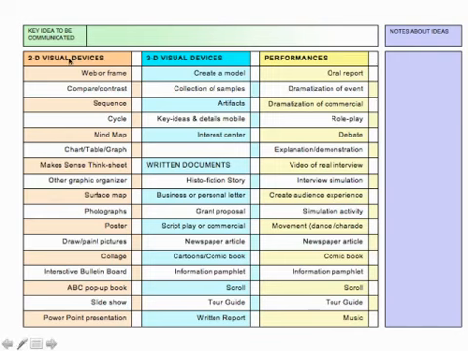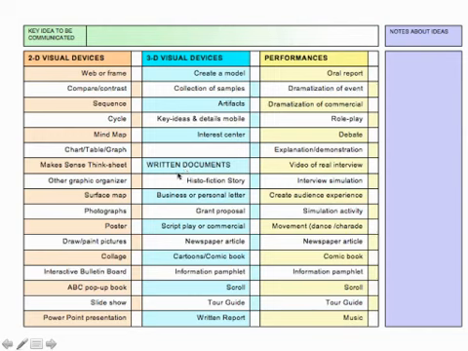And so there are two-dimensional visual devices to consider, like various graphic organizers. There are also things like surface maps or photographs or posters, creating a collage, an ABC pop-up book, PowerPoint presentation, etc. Then there are also three-dimensional devices they can do to help communicate their ideas, like creating a model that illustrates things or collecting a series of samples or artifacts.